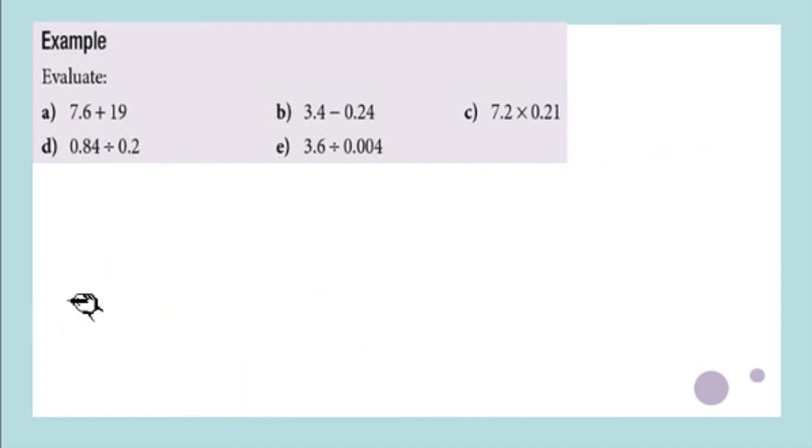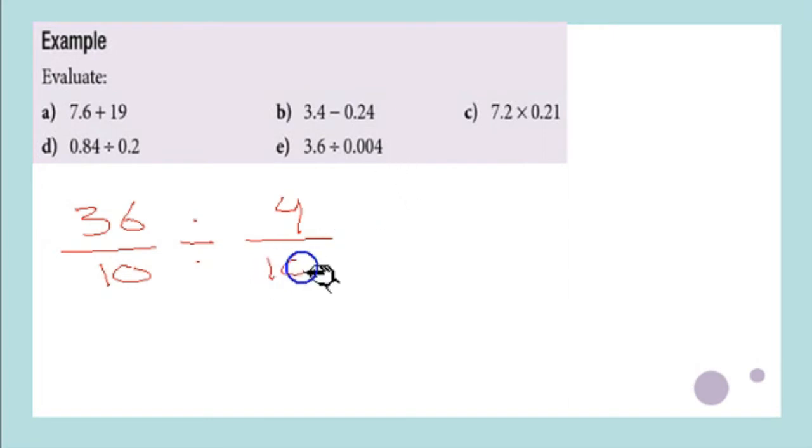So let's solve number E. Number E is very easy, by the way. 3.6 we said is 36 over 10, divided by 0.004, which means 4 over 1000. How many digits are here? 3. So divided by 1000.